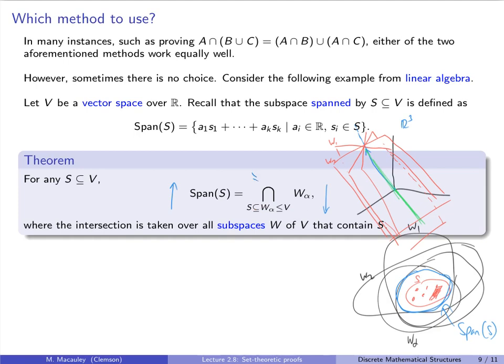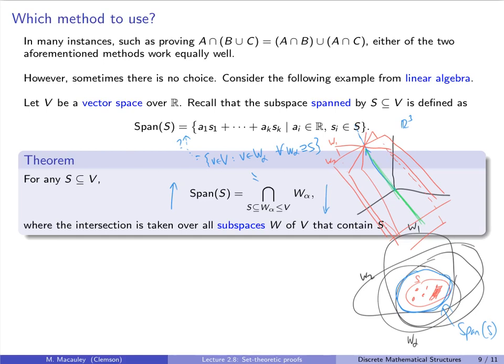I guess you could say it's the set of all vectors v in V such that v is in W alpha for all W alpha that contain S, but that doesn't really help. There's no way we're going to get from that up to this definition up here. So that's really not going to work.